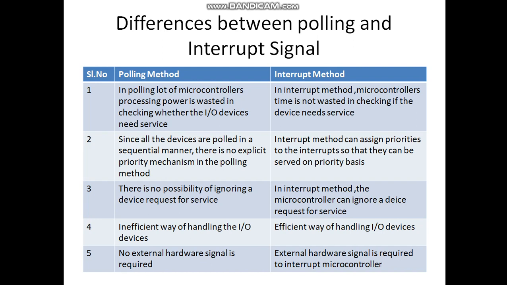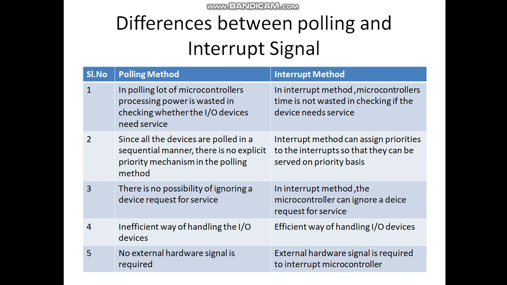In the case of polling, since all the devices are polled in a sequential manner, there is no explicit priority mechanism. Whereas in the case of an interrupt, we can assign priorities or default priorities are already there. In polling, one device after the other gets monitored.